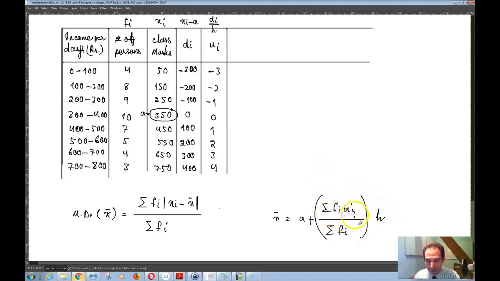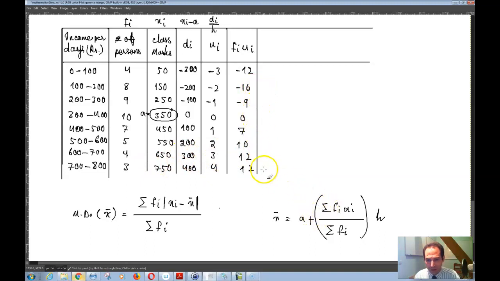So I need my f of i u of i. Your f of i are these numbers and u of i are these numbers, so that gives negative 12, negative 16, negative 9, 0, 7, 10, 12, and 12.